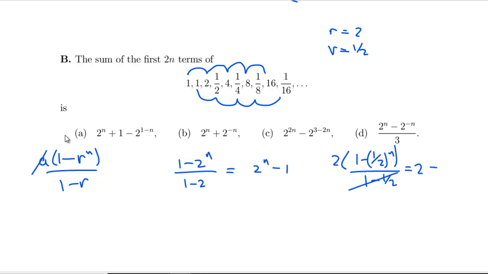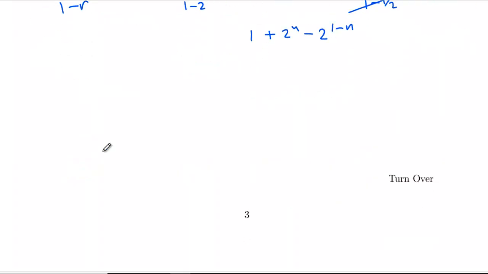So we've got 2 minus 2 to the 1 times 2 to the minus n, so that is going to be 2 to the 1 minus n. So how is this fitting in? We're adding these together. So we've got 1 plus 2 to the n minus 2 to the 1 minus n, which is A. Okay, so that was fine.